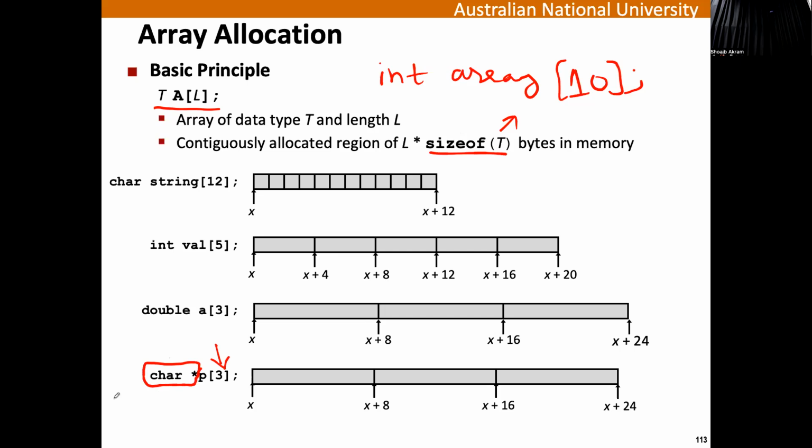It stores 3 pointers. What is the size of a pointer in 64-bit architecture? 8. So X is the starting address of the array. The second element begins at X plus 8. The third element begins at X plus 16. These 8 bytes contain a memory address, a pointer.